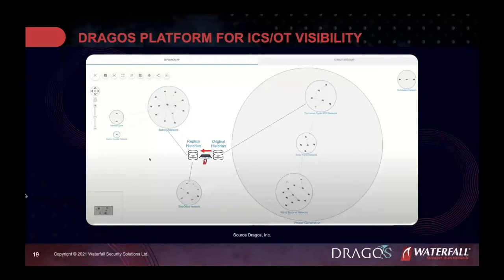But now, because we have utilized the gateway to create the replica, the replica is working as it normally would if it were the original. The only difference is these external networks now, the site office network and the battery network, are communicating with the replica safely. So being that we have our hardware enforced barrier here, there's no way there's going to be any external penetration that's going to come through to the original historian and get into that production network.